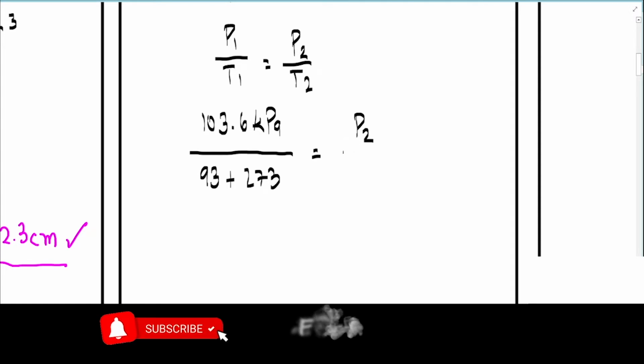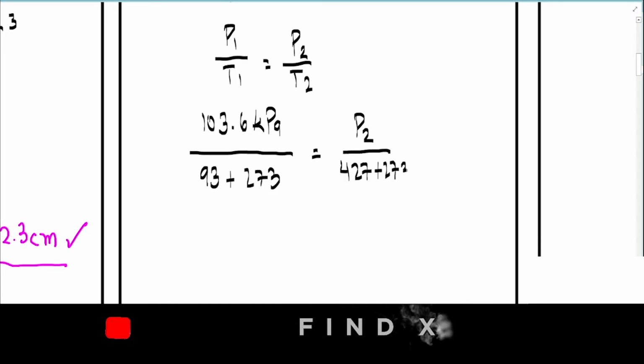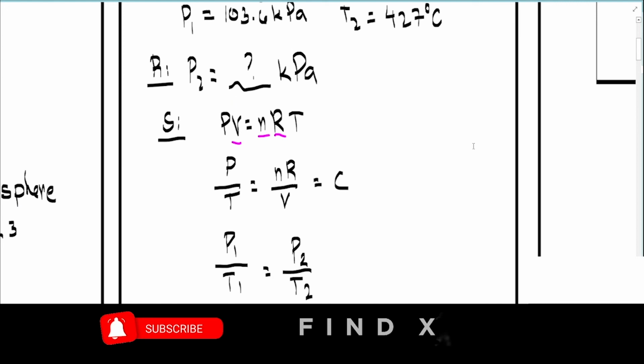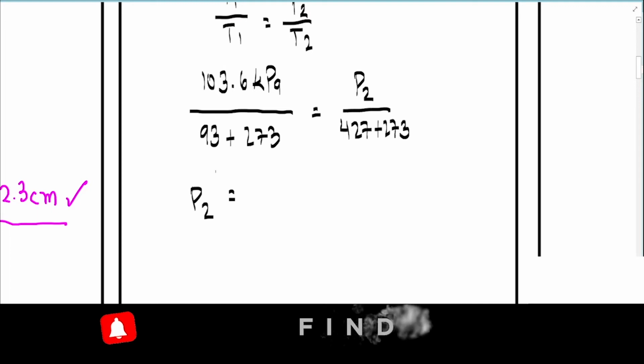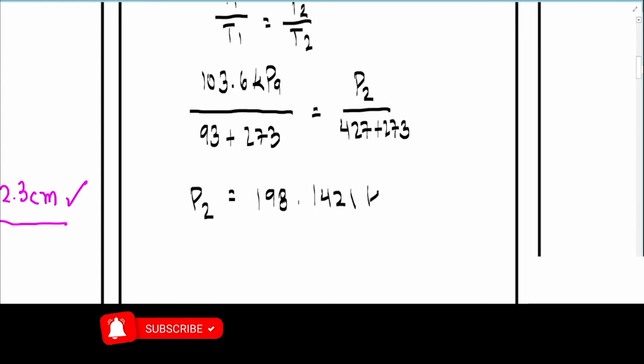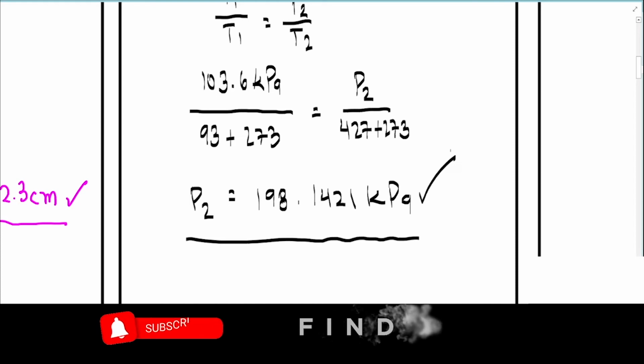That is the required, and the temperature 2 is 427 plus 273 again, right? And then using your calculator to solve for this one, the final answer that you'll have is approximately equal to 198.1421, of course, in kilopascal. Okay, that's it. And let's have the next one.